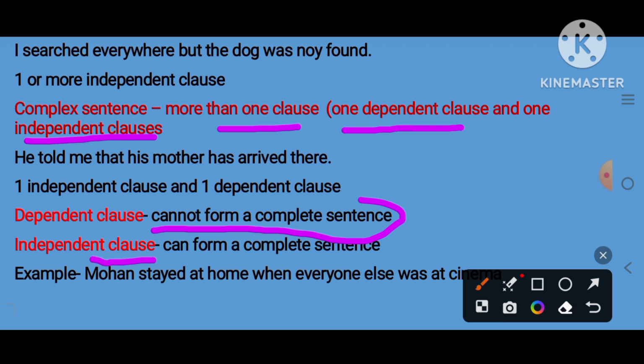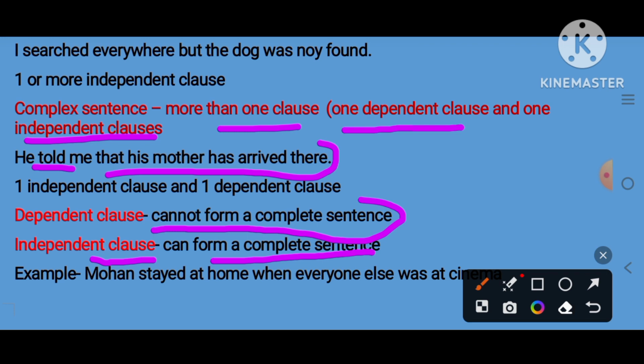Independent clause means it can form a complete sentence, it must have complete sense. Look at the example. He told me that his mother has arrived there.